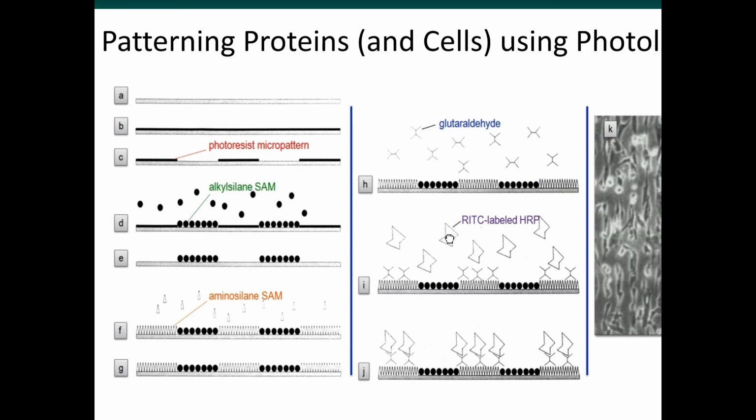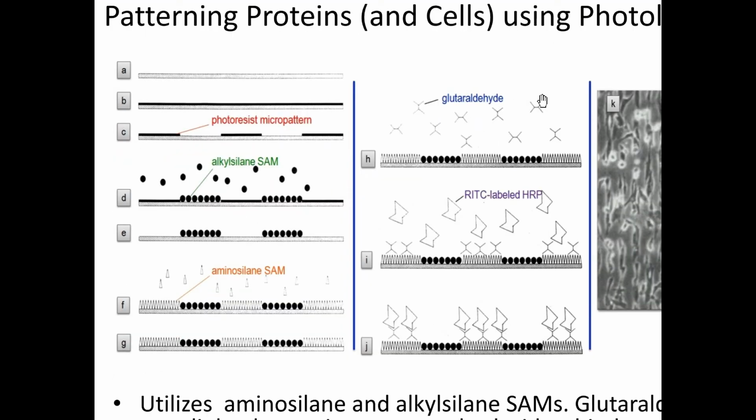Then remember at the end of class last time we talked about crosslinkers. Glutaraldehyde is one of those molecules that attaches to amine groups. So the glutaraldehyde molecule attaches an amine group here, and an amine group here, so it attaches amine groups on both sides. One end of the glutaraldehyde attaches to these aminosilane areas selectively, so they self-assemble here.